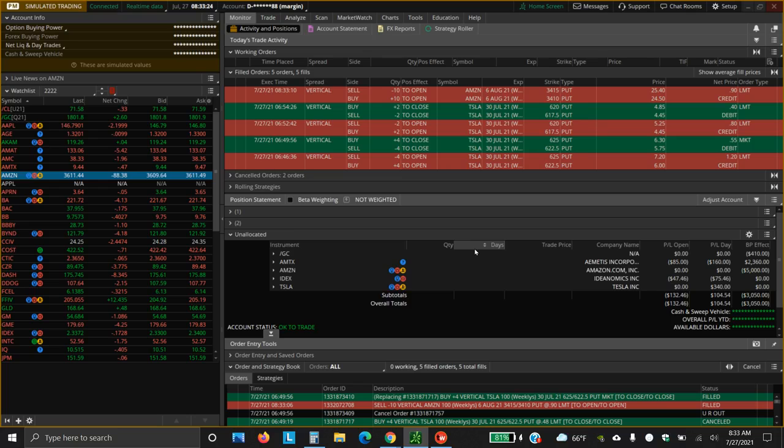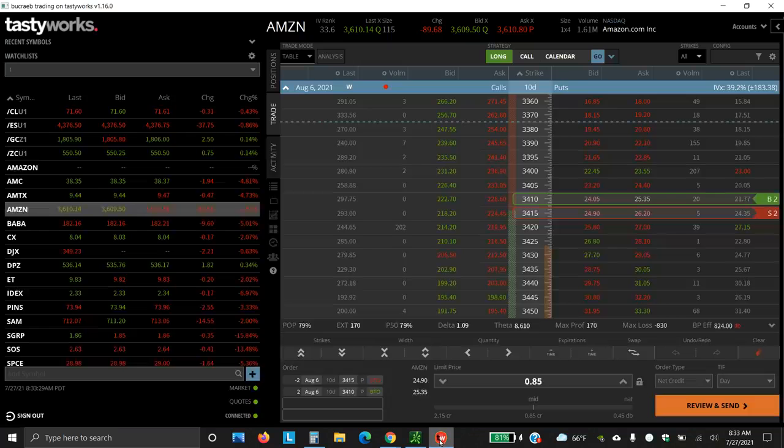Okay, so what I did is I made a bet, right? That by August 16th, the price of Amazon is going to stay above 34.15 per share, right? And for that, I collected what's called a premium, or the money up front.